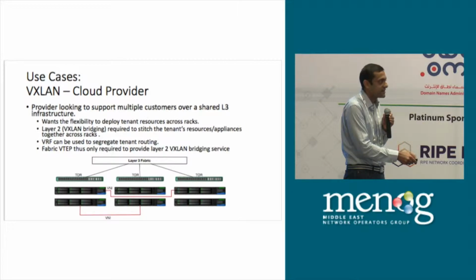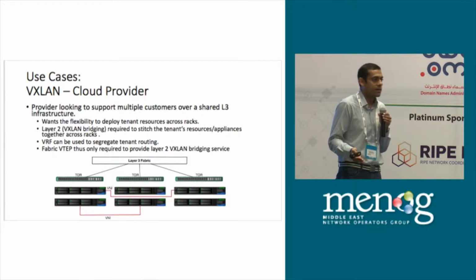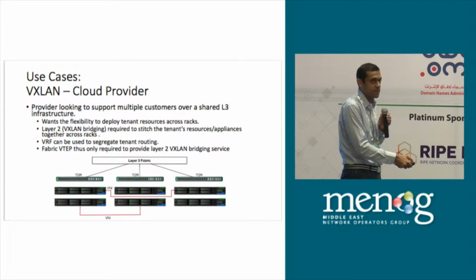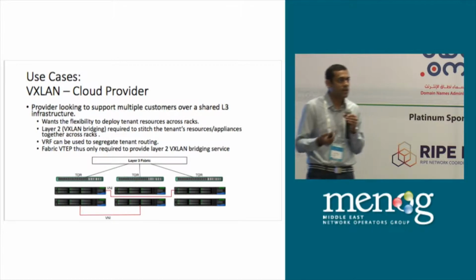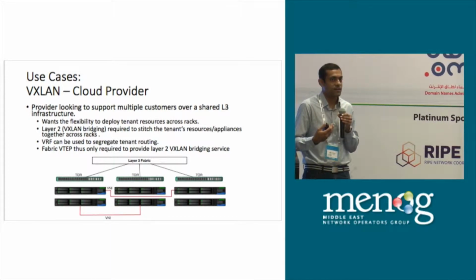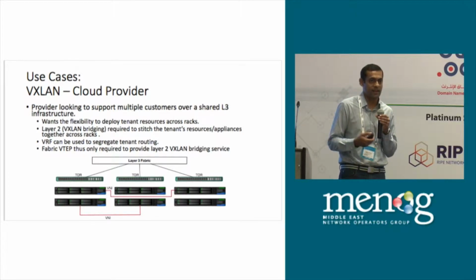For a customer, it's still a layer 2 boundary. They can talk to each other in the same broadcast domain, but technically it's on a different machine on a different rack, and in between you have a layer 3 segment through which you can manage equal cost multipath, and you can manage more capacity without having to deal with STP or anything else.